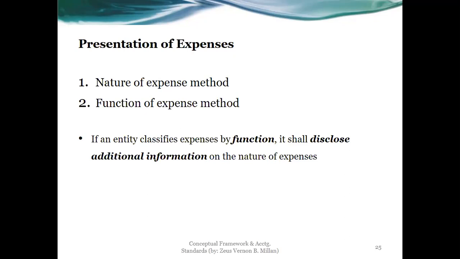Selling could be the salaries of the agents, the depreciation of the vehicles that are used for selling or distribution. That's why distribution costs is another term for selling expenses. Then commissions to the agents and their salaries. So those are things related to sales.